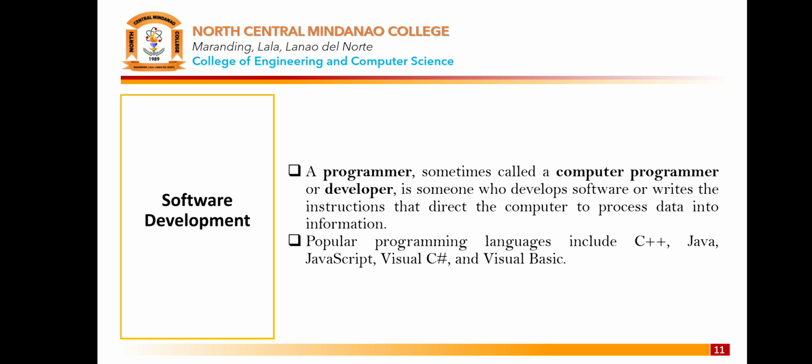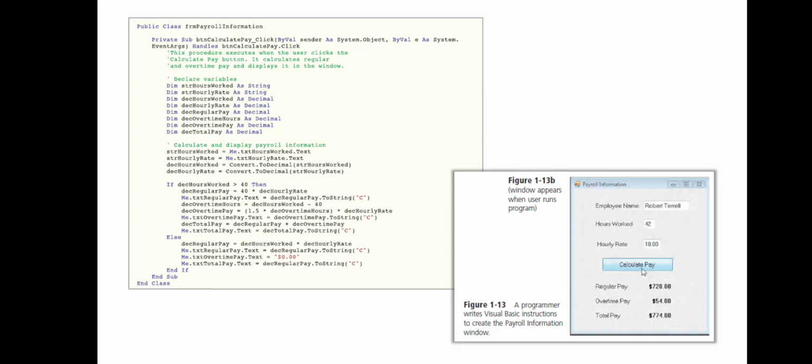Okay, in this figure, this is an example of Visual Basic instructions a programmer wrote to create a simple payroll program, og naa kay programming software, or integrated development environment for Visual Basic.